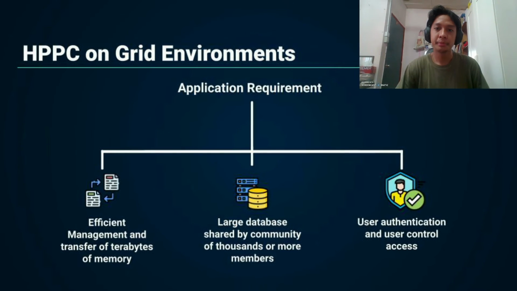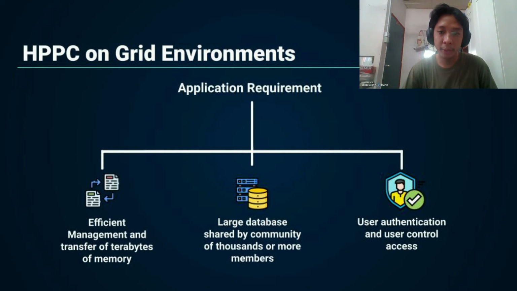HPPC on grid environments. There are some application requirements for the application of HPPC on a grid environment. The first one is that the system must have efficient management and transfer of terabytes of information and data in wide area distributed computing environments, and examples of such applications are high energy physics, earthquake engineering, climate modeling, and astronomy.